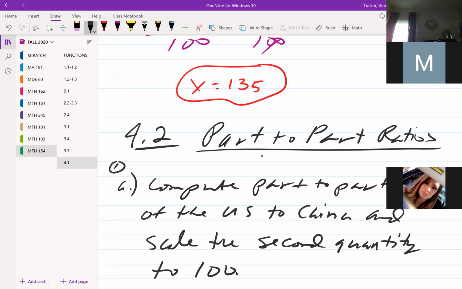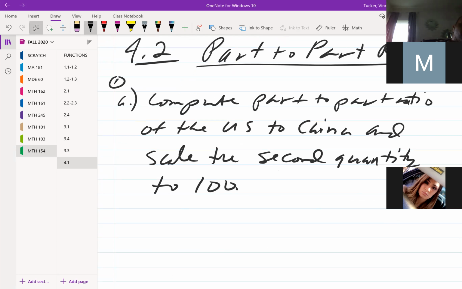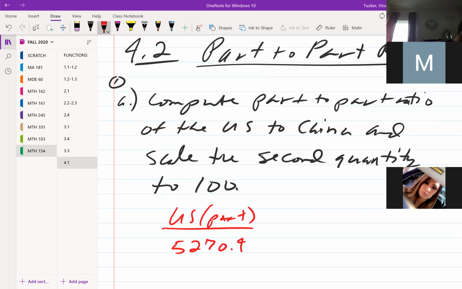All right, so compute the part-to-part ratio of the United States to China and scale the second quantity to 100. So if you go to the chart, you got U.S. part is 5270.4. Once again, these numbers may be different in your chart.